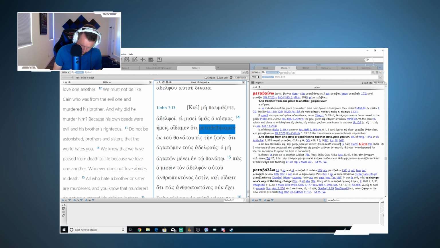Because we love the brothers. O me agapon, many. One who does not love remains in death. I know that me here is attaching to agapon and not many, because many is an indicative.